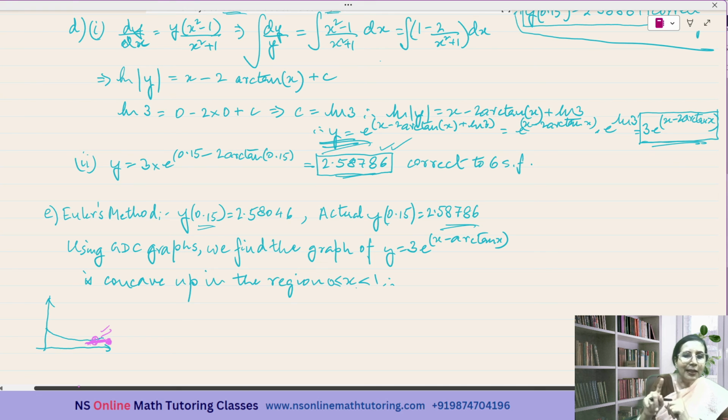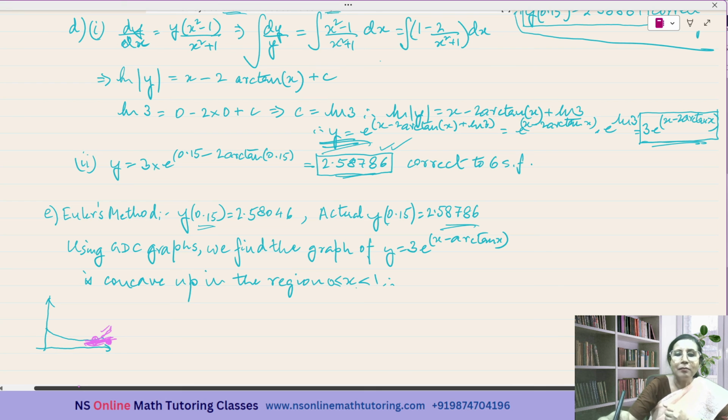Okay. And the tangent line we are seeing is below the curve. As it is moving in this direction, the curve is moving in this direction because it is concave up. But the tangent line is a straight line. And we are repeatedly taking points from the tangent line that we considered at the very beginning, using the step length.